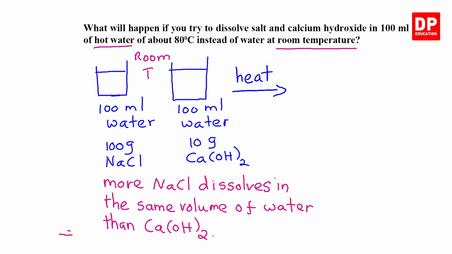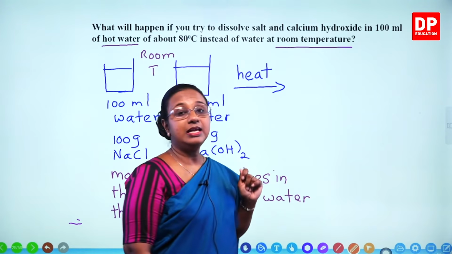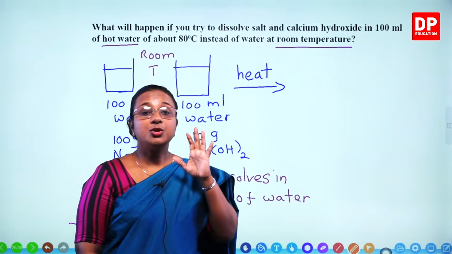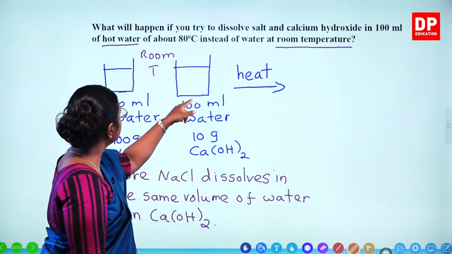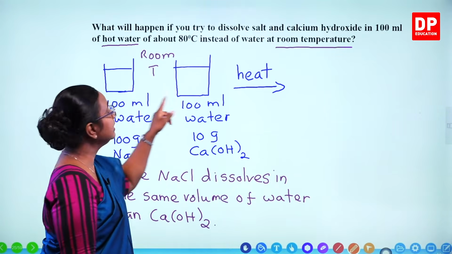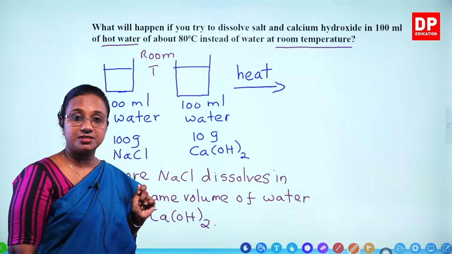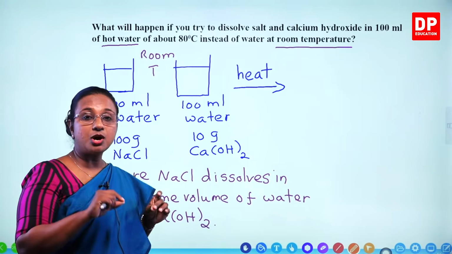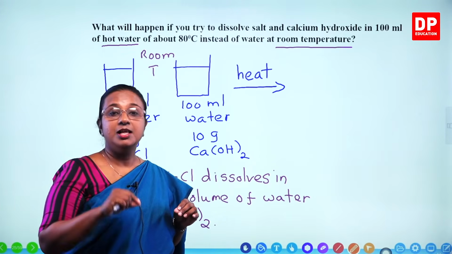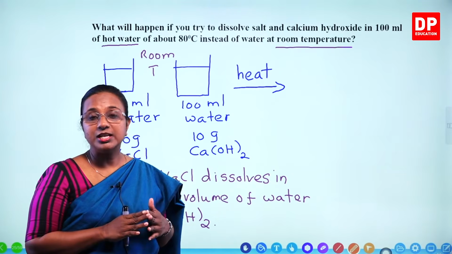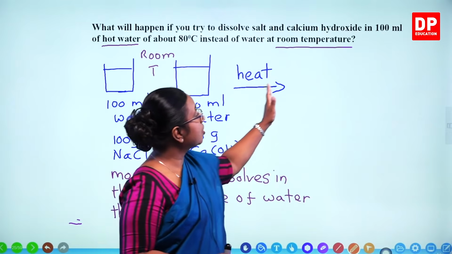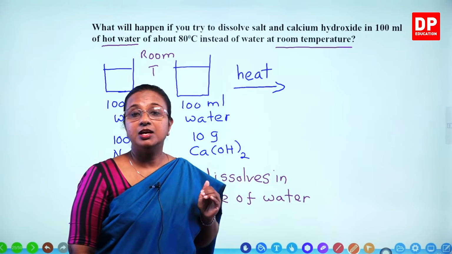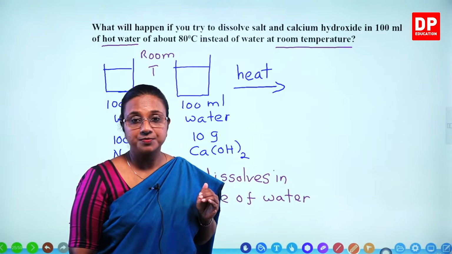When we heat the solution, you will observe, students, the solute that remained in these two solutions. We tried to dissolve the maximum possible, then a small amount of solid remains in the solution that will dissolve when we heat it to a higher temperature.